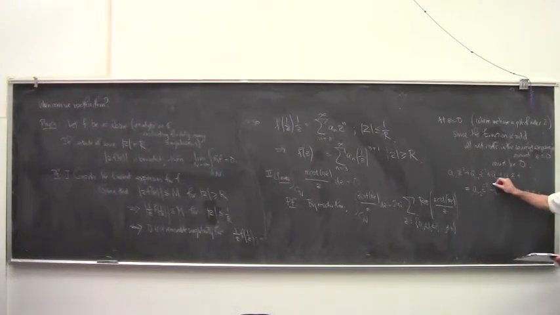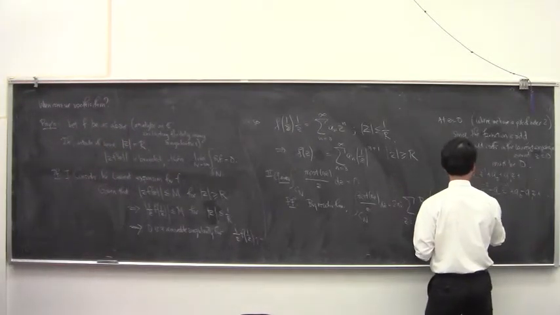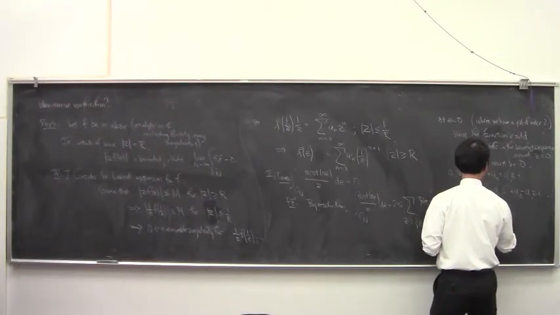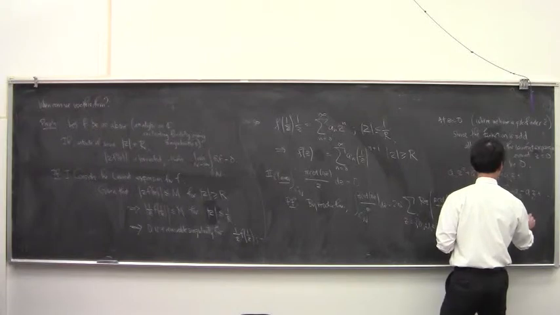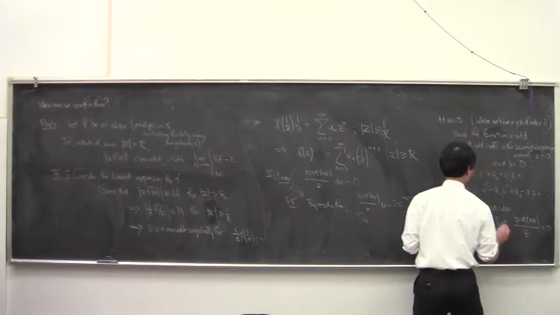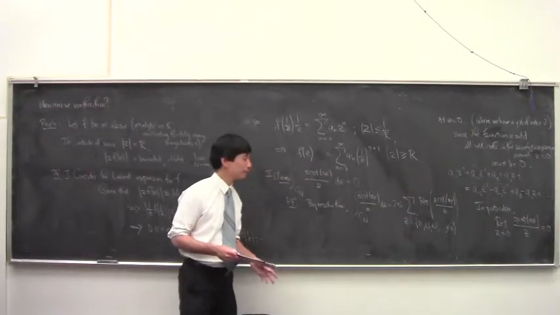So this and this must be the same thing, and so all the odd coefficients must be 0. So in particular, the residue of this function at z equals 0 is 0. So the one in the middle is 0.